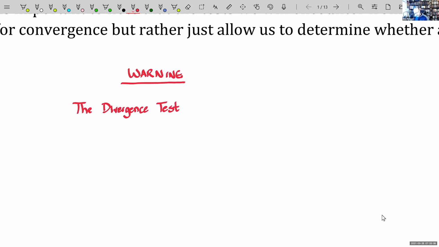Which, by the way, the divergence test is the following. I'll put this in little brackets. If the limit as n goes to infinity, it's like everybody's favorite test, really. If the limit as n goes to infinity of our sequence is non-zero, then the summation n equals 1 to infinity.